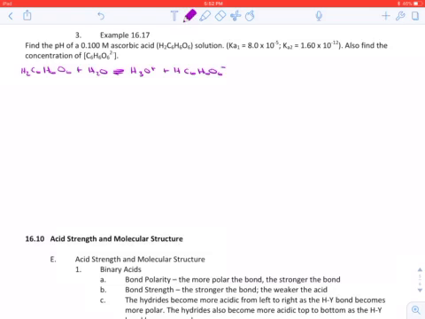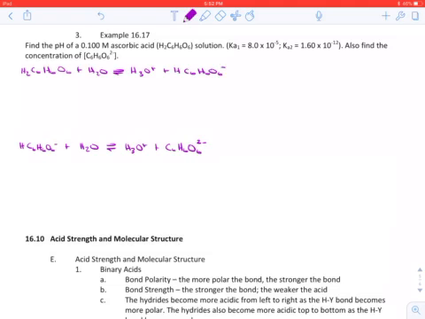Then I'll write the other one down here: HC6H6O6 minus. We're going to add water to that. Arrow, arrow. We get H3O pluses and C6H6O6, and that one's going to be 2 minus.